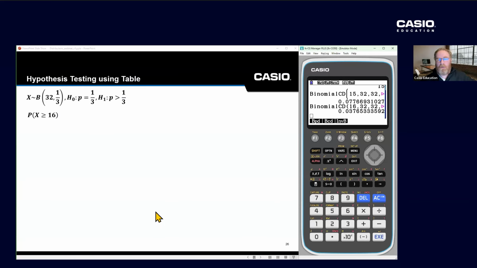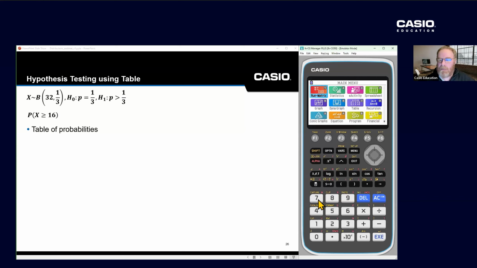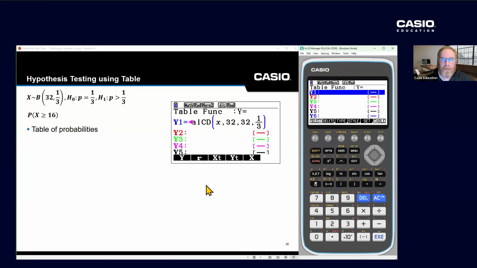You could, of course, approach this using a table. So we want a table of probabilities. Let's go to table. Let's delete all of these, just so we have one table.